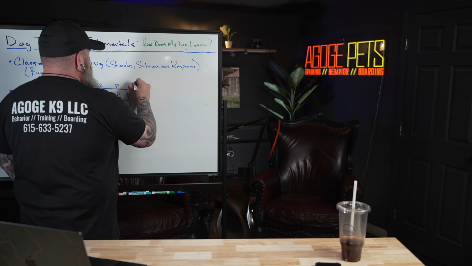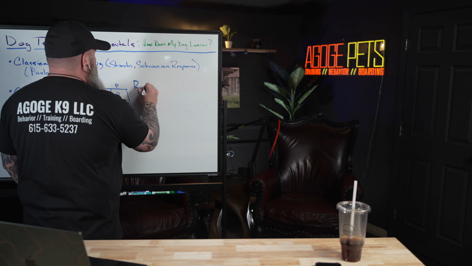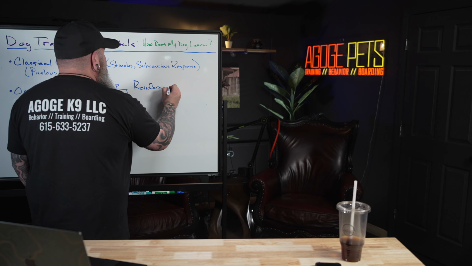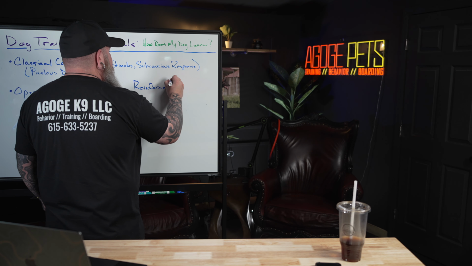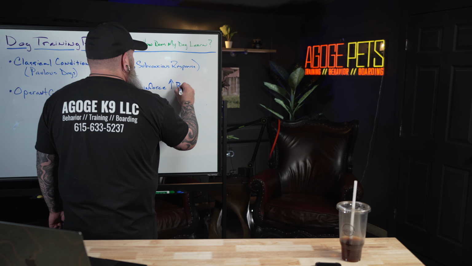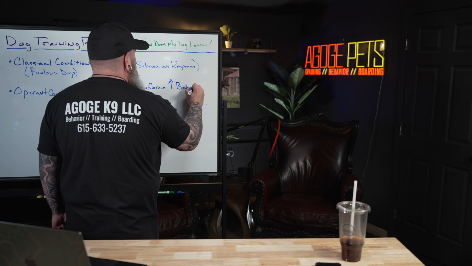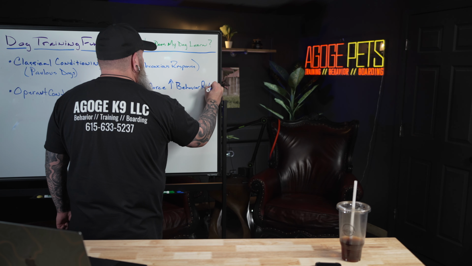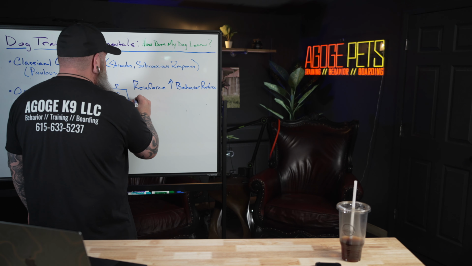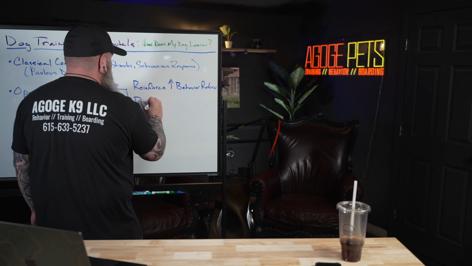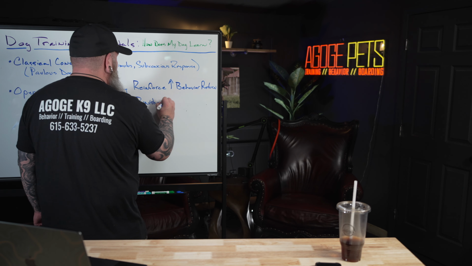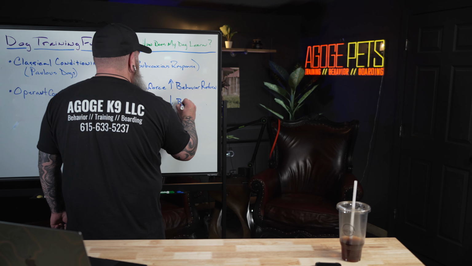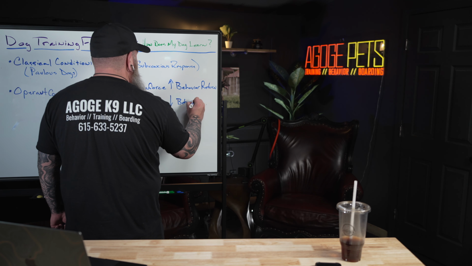So we want to use a reinforcer if we want to increase the chance of the behavior returning. We want to use a punisher if we want to decrease the chance of the behavior returning.